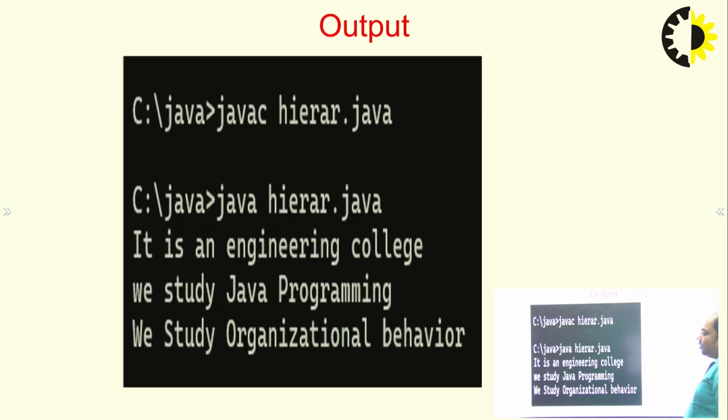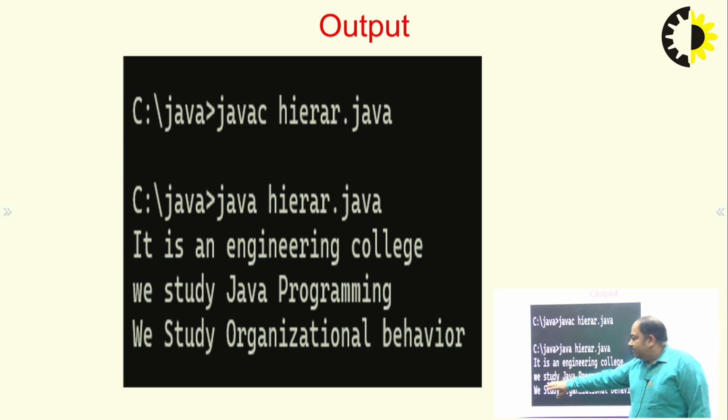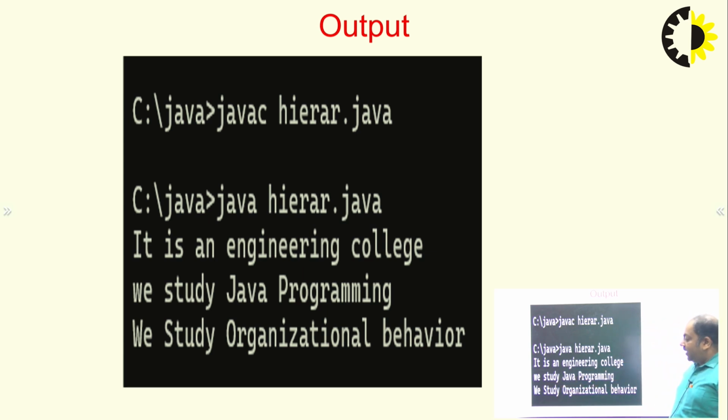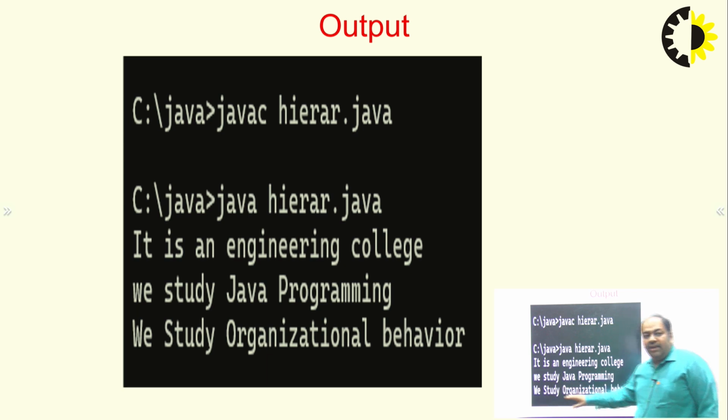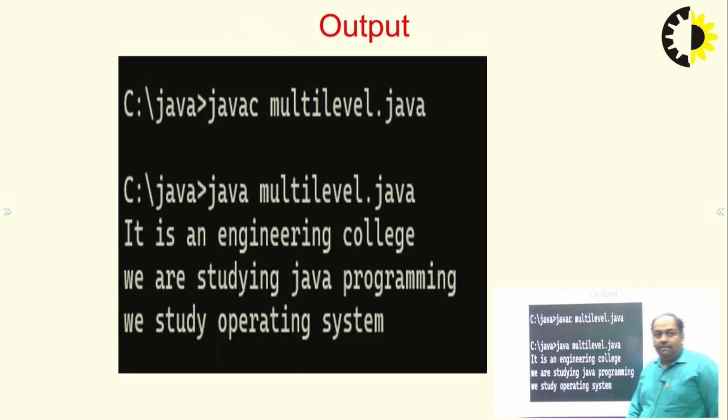When we see the output, it is clearly showing that AKG is an engineering college, in MCA we are studying Java programming, and in MBA we are studying organizational behavior. So by this we can achieve hierarchical inheritance in Java programming.